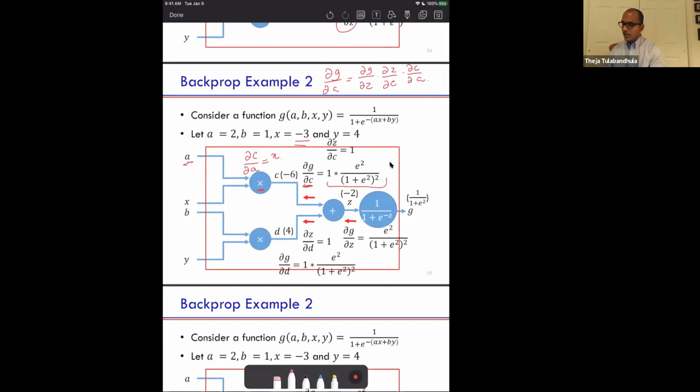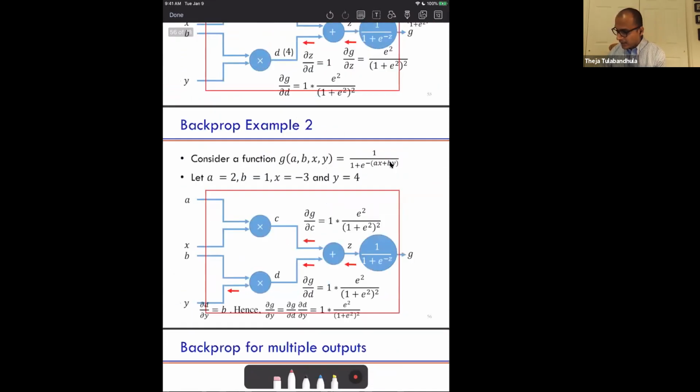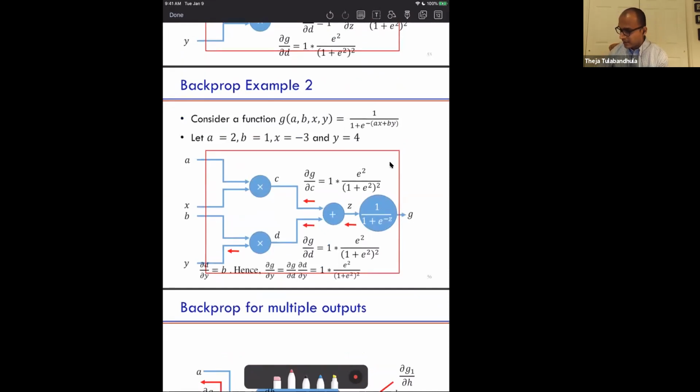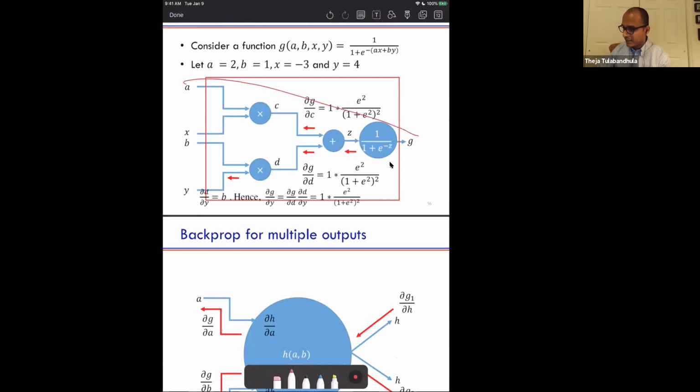That's the chain rule. But what we want to take away from this part of the lecture is not the analytical computation of these multiplications, but just looking at the graph, you want to get some patterns. Let me skip over the computation in this example because we saw the computation of G to A, and the other computations are very similar.